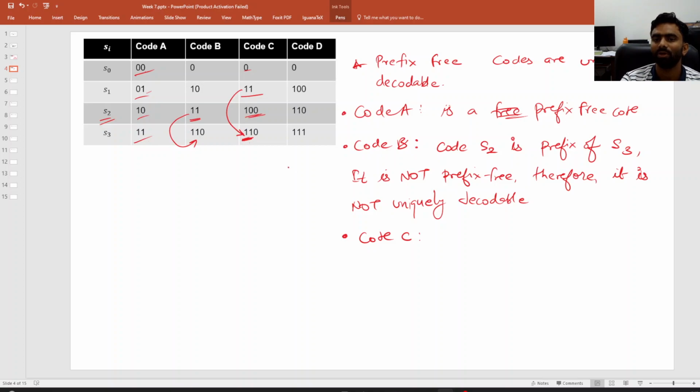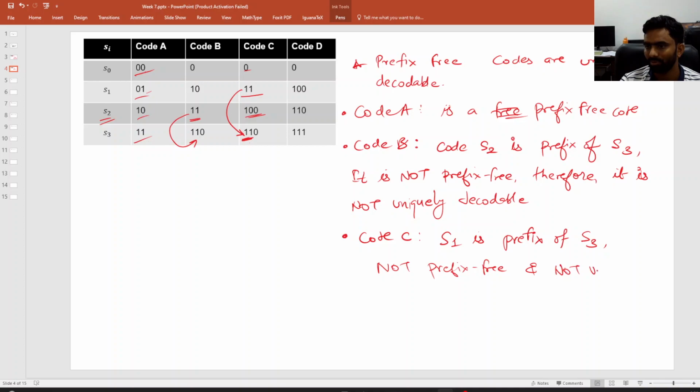Again, here S1 is a prefix of S3. Therefore, it is not prefix free and not uniquely decodable.